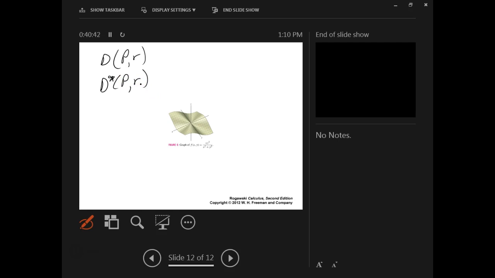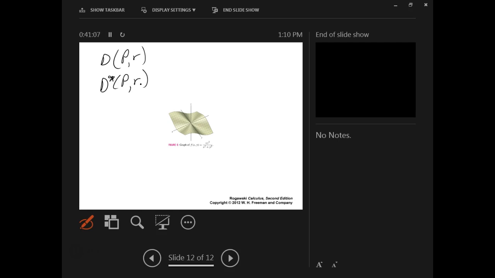What does that nomenclature mean? The book uses the term disk. I think that's pretty good.